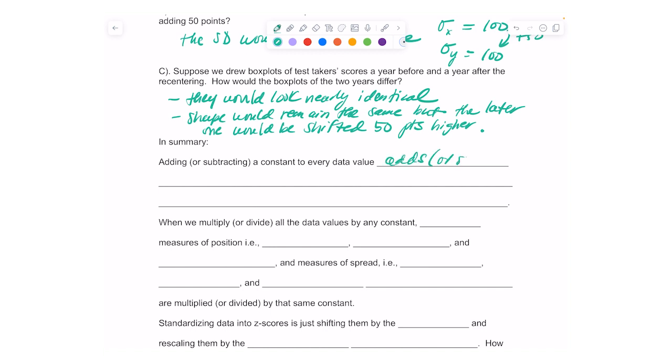So if I subtract 50 points from each of the scores, the mean would decrease by 50 points. And it leaves the spread unchanged, right? The standard deviation did not change at all, because all it does is shift the data up or down.